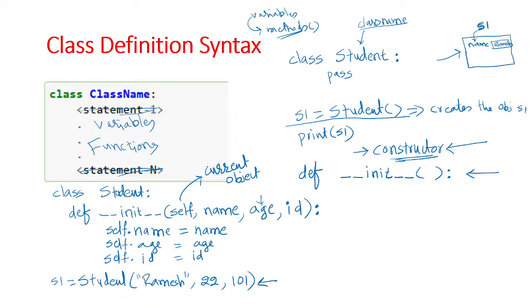Now try to understand the left hand side names and right hand side names. The left hand side names, name, age, id, define the attributes for the s1 object.